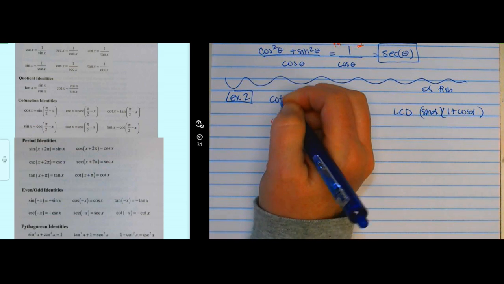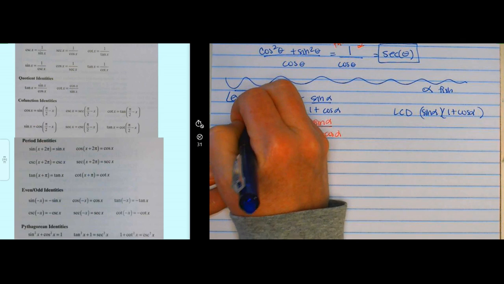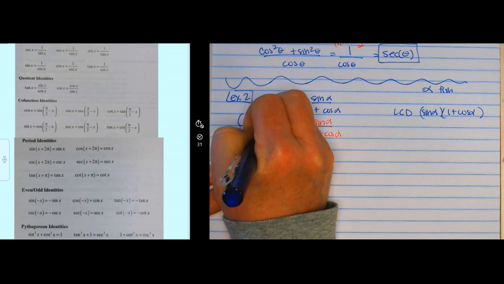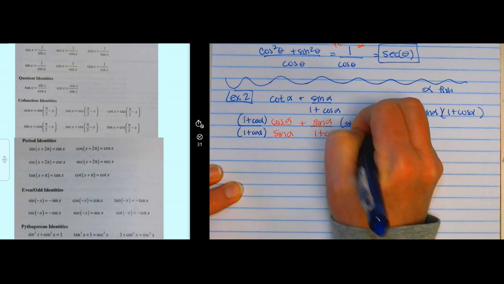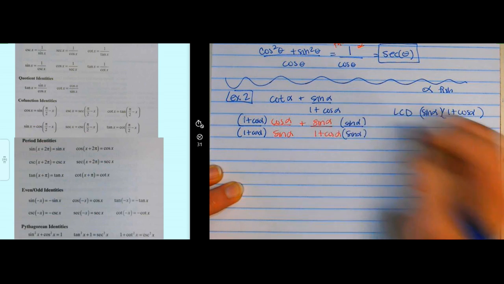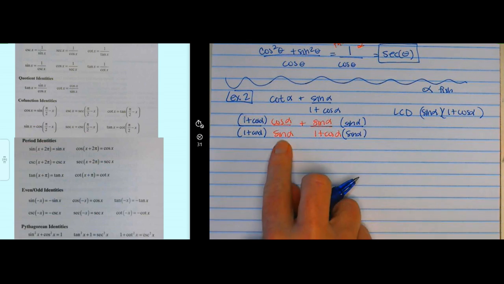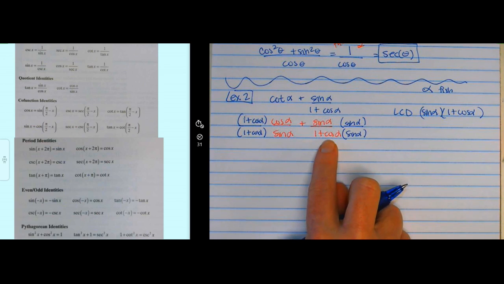And I do that by multiplying by 1. The 1 is going to have 1 plus cosine of alpha over 1 plus cosine of alpha. And this one needs sine. So now they have a common denominator. Sine and 1 plus cosine, sine and 1 plus cosine.